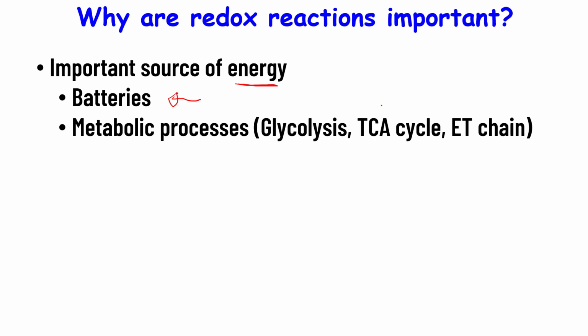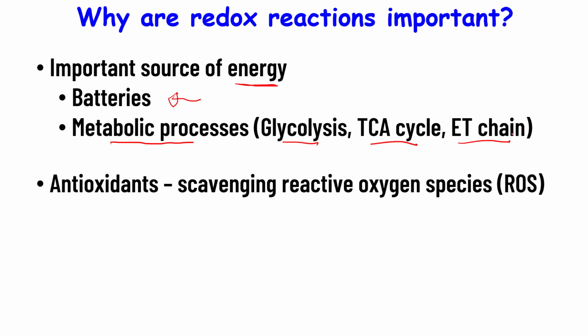And when you think about biological stuff, there are metabolic processes like glycolysis, the TCA cycle, and the electron transport chain. All of these processes involve lots and lots of oxidation reduction reactions, and they are the ones responsible for producing ATP in our body. So basically, these oxidation reduction reactions are very good sources of energy.